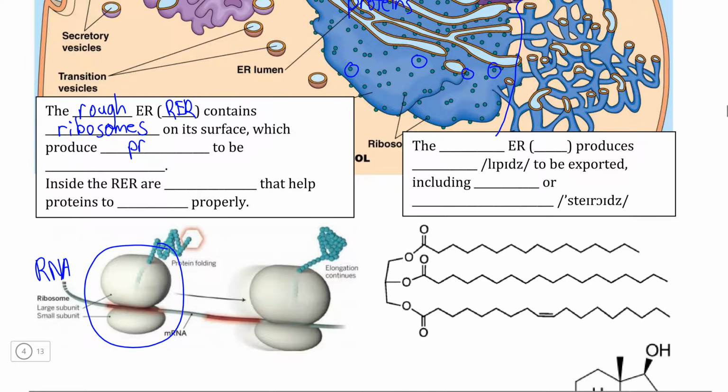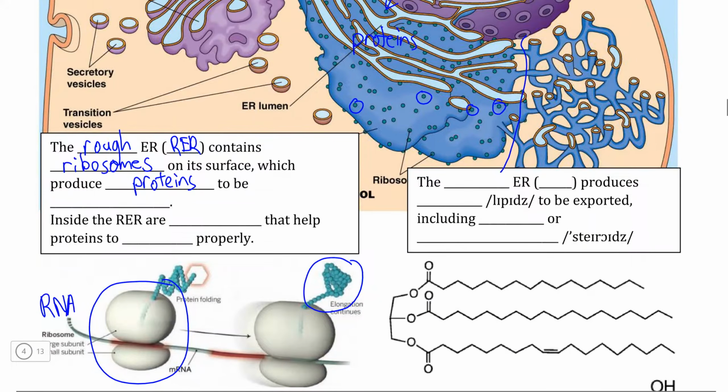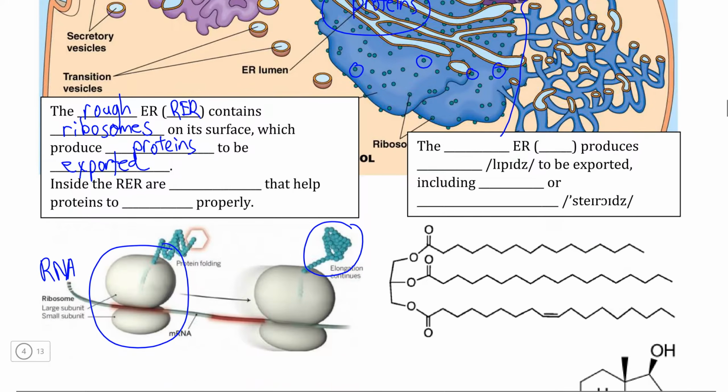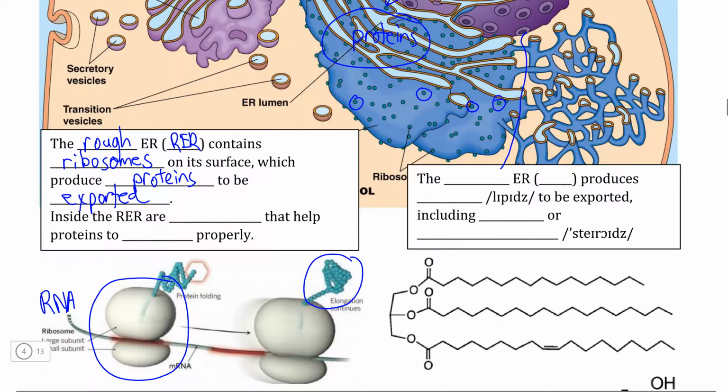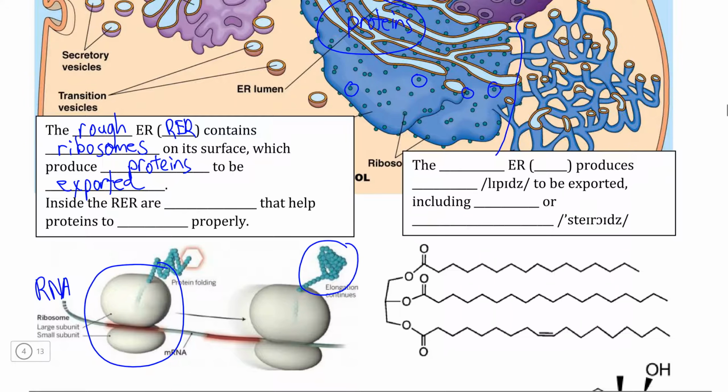The ribosome reads the RNA, and based on the information in the RNA is going to produce a specific protein that is usually necessary not within the cell but outside of the cell, and ultimately most of the proteins that are produced in the RER are actually bound for export outside of the cell. There are a few exceptions to these.